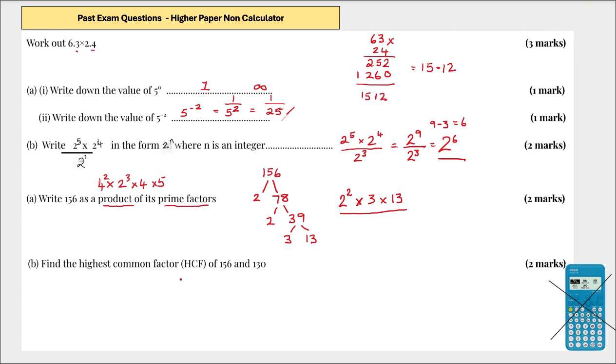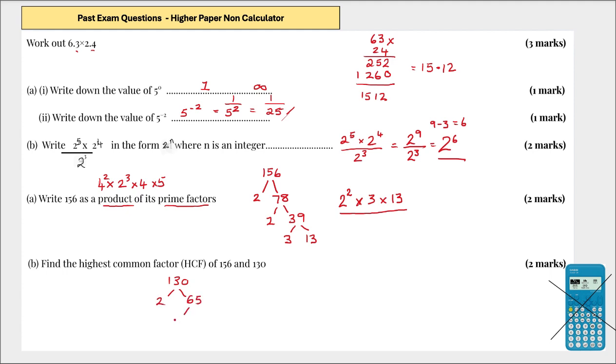Find the highest common factor of 156 and 130. Well, we've already dealt with 156, so let's just focus on 130. So we've got 130. I'm going to go 2 times 65.